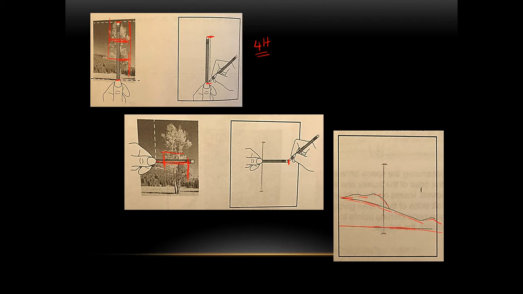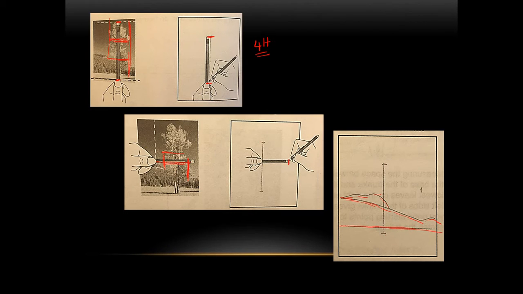You can do the same thing with everything in the drawing, but you don't have to. You don't have to use the thumb and pencil for every single tree that you see over here. You use it for major objects, and this is an outline. So you can do this for the major elements of the drawing, but you don't have to do it for everything else.